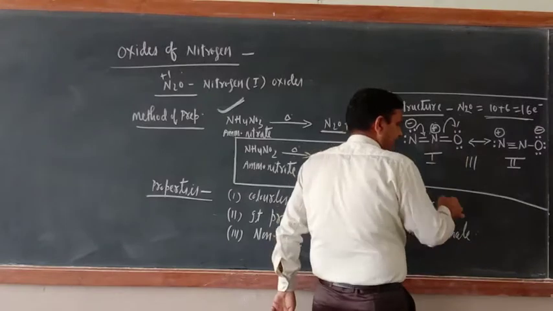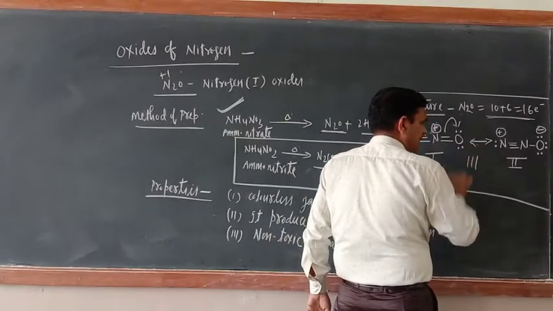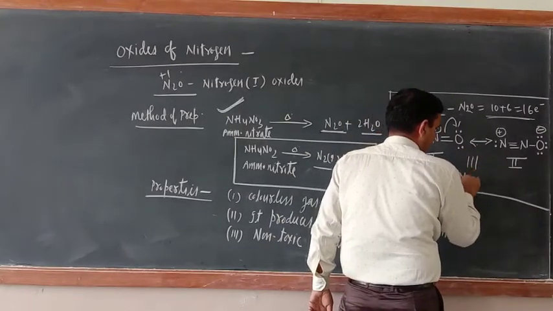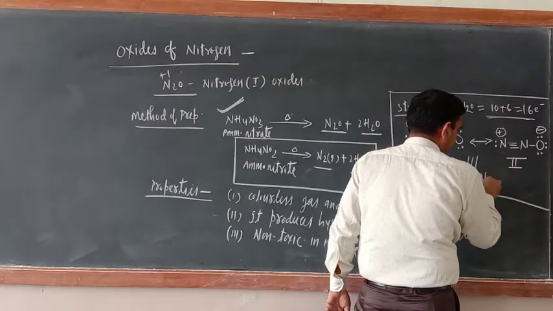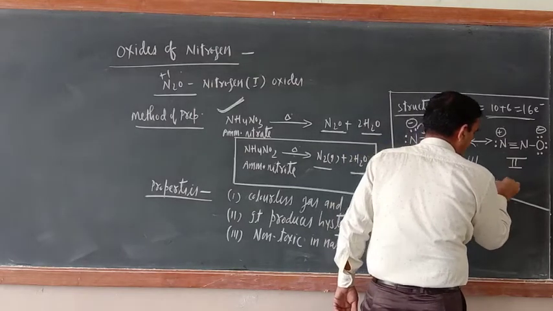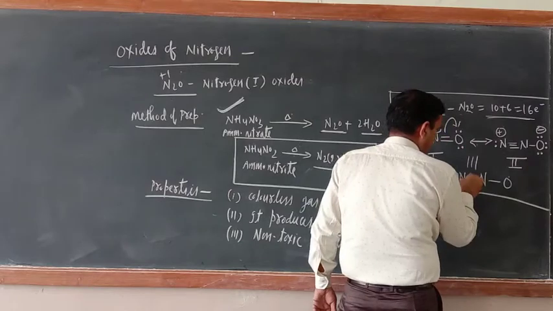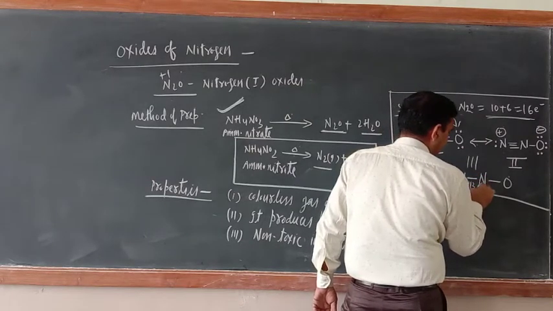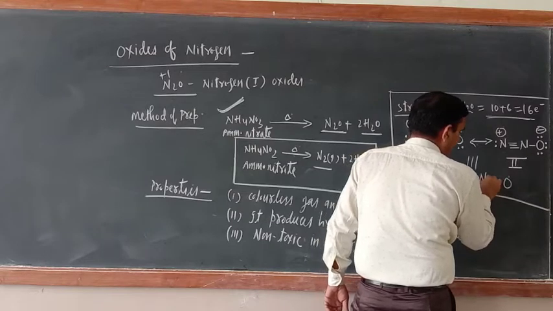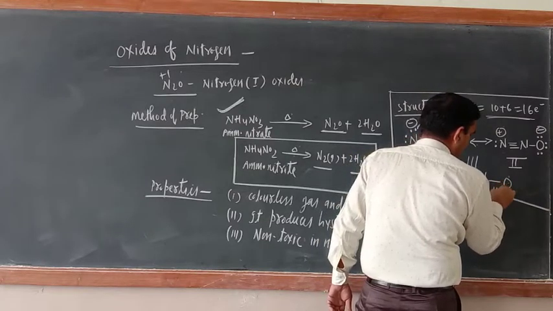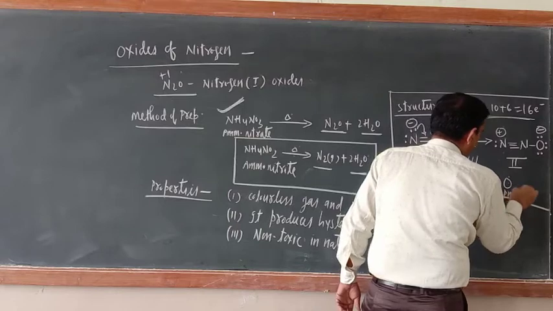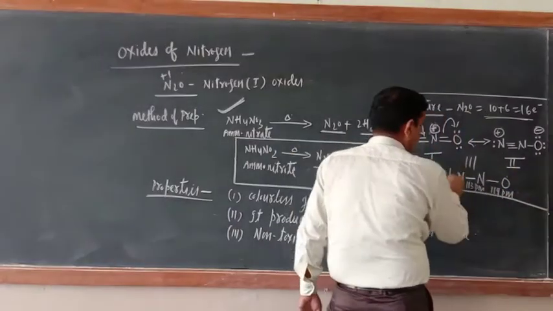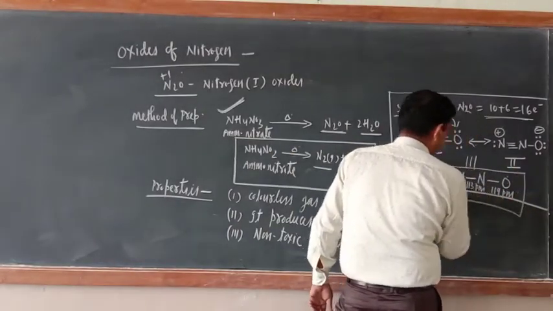Now their final structure is the resonance hybrid. The resonance hybrid structure is like this: N single bond N, single bond O. The bond length between the two nitrogens is 113 picometer, and between nitrogen and oxygen is 119 picometer. So this is the resonance hybrid of nitrous oxide.